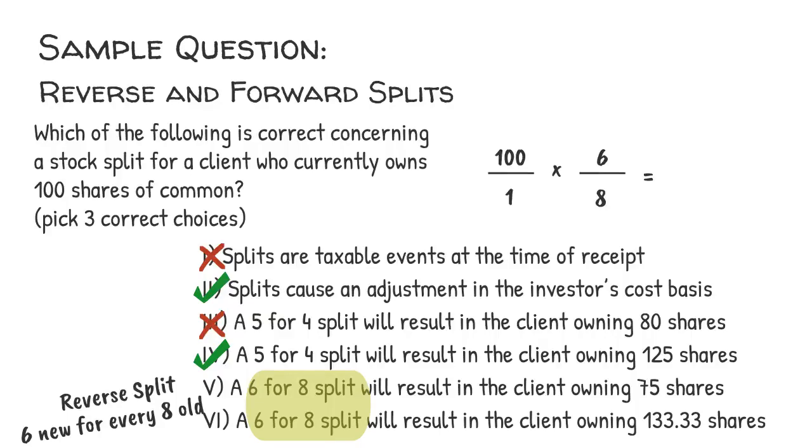So what do we get? 600, 100 times 6 over 8. And 600 divided by 8 is 75, or 75 shares, making choice 5 correct and choice 6 incorrect.